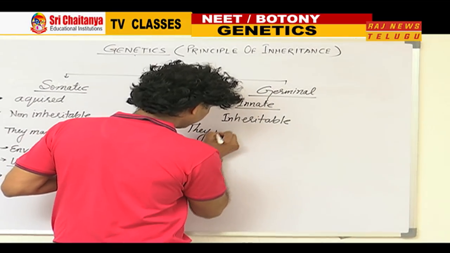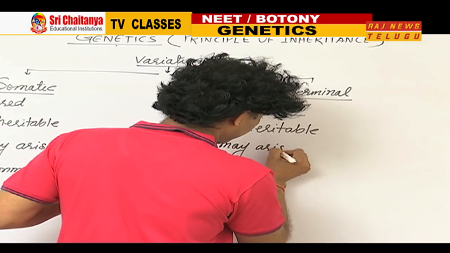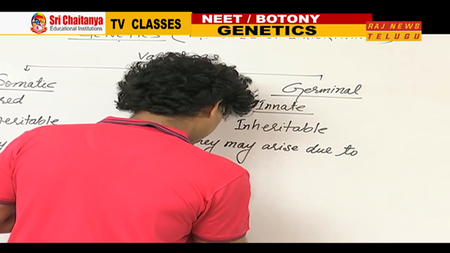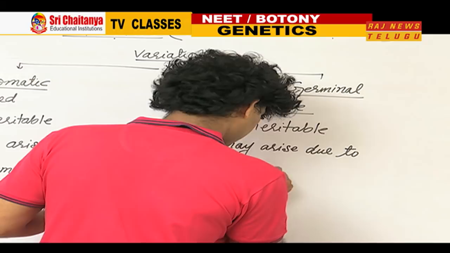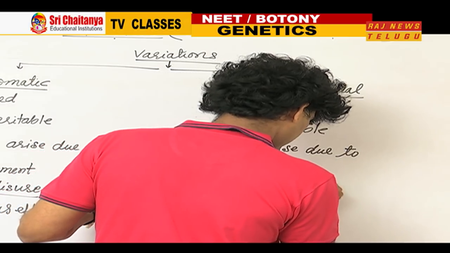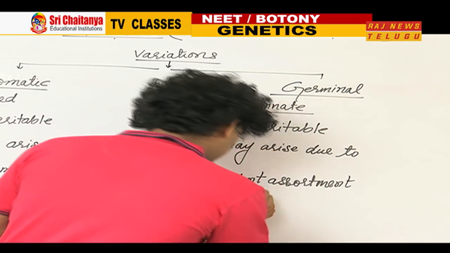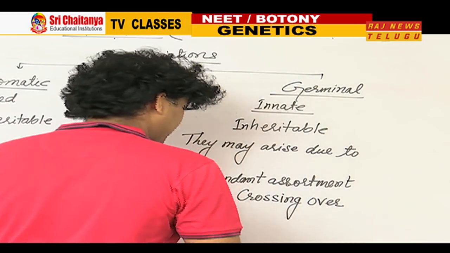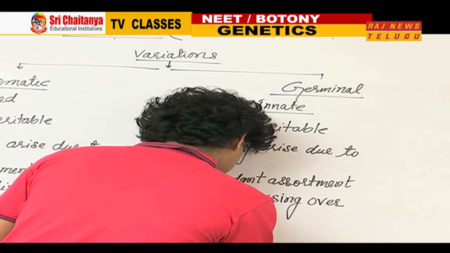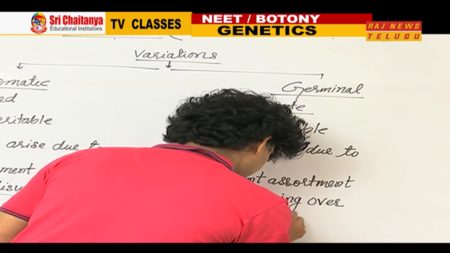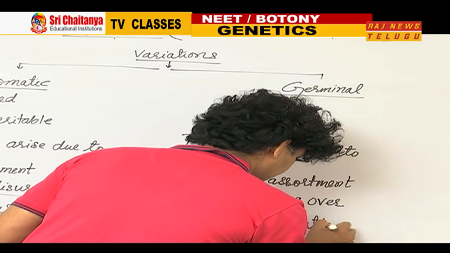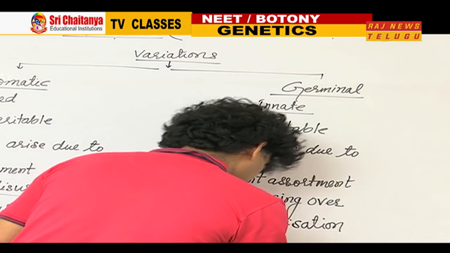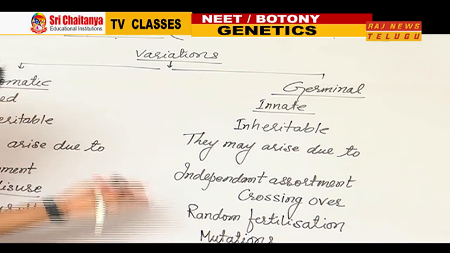They may arise due to independent assortment, may arise due to crossing over, may arise due to random fertilization, and they may also arise because of mutations. These are the causes or the reasons behind the germinal variations.